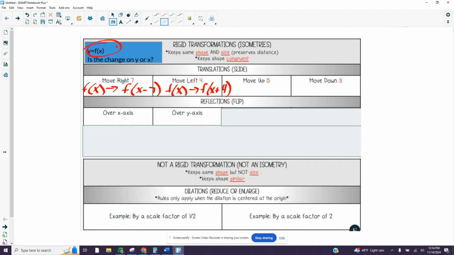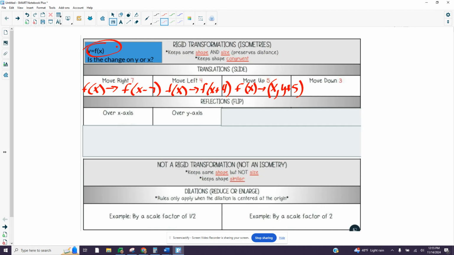That's what we saw in the ordered pairs. So our f of x moving up is now going to be, remember f of x is y, our x is going to be the same, but our y value is changing, so our y is going to be adding 5, moving up. So we are changing our y values.